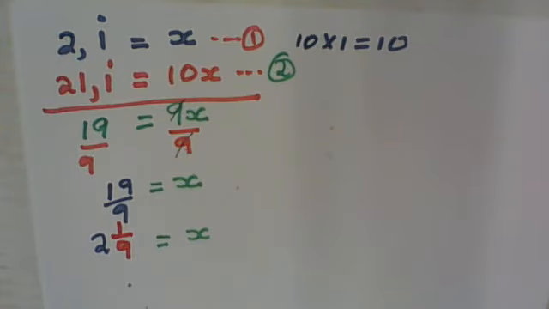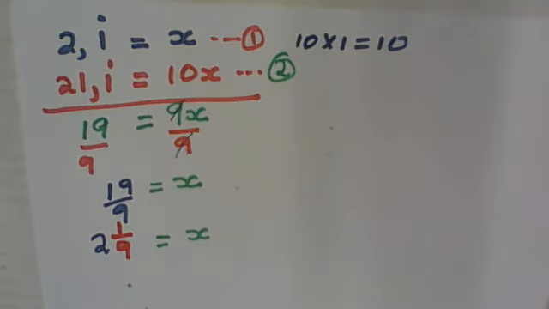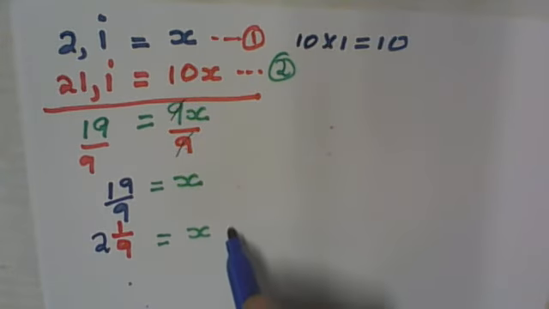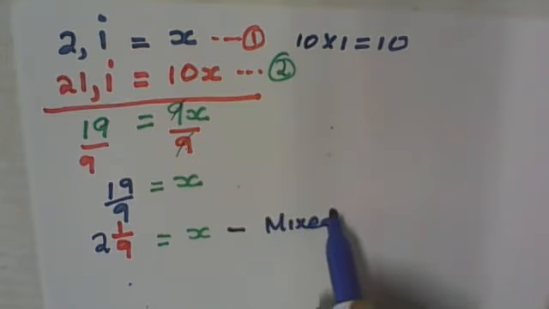Now, meaning this 2.1 recurring is equal to 2 and 1 over 9. And this is in the form of a mixed number.